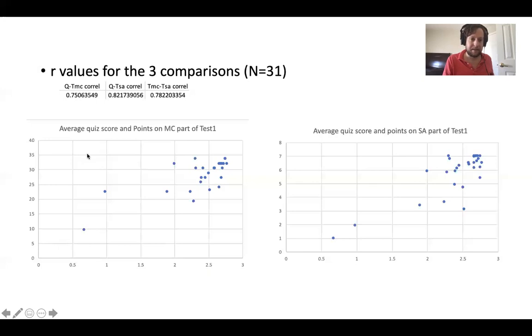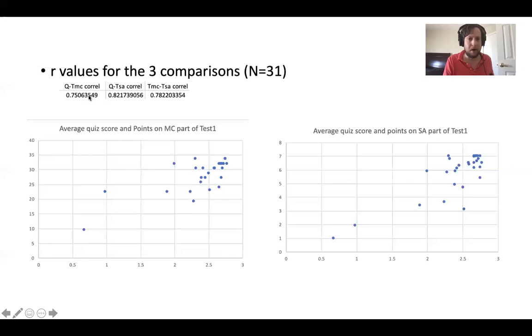That's the x-axis, and the y-axis is points on the multiple choice part of the test. You can see a positive correlation here: people whose average quiz grade is high also tend to get high grades on the tests.